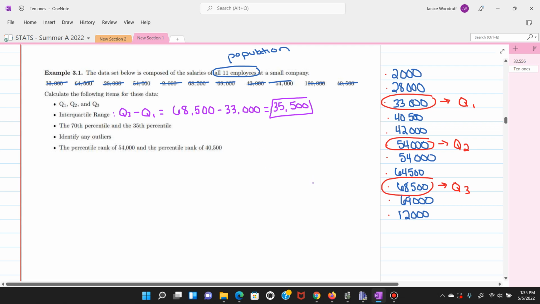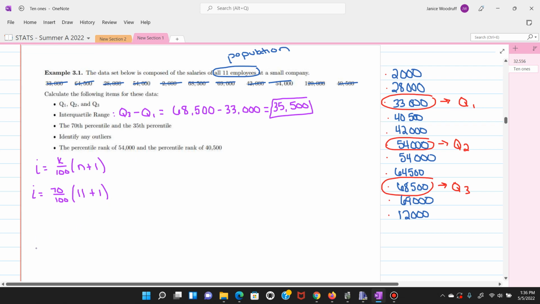70th percentile and 35th percentile. Okay, for percentiles, you're using i equals k over 100 times n plus 1. So for 70th percentile, that k would be 70. So we would go 70 over 100. There are 11 pieces of data, so times 11 plus 1. For 35th percentile, same thing.